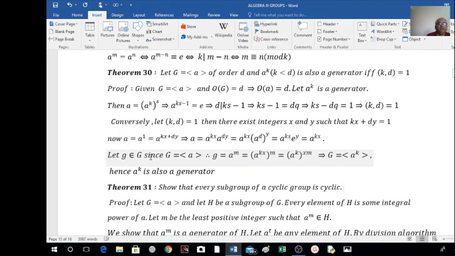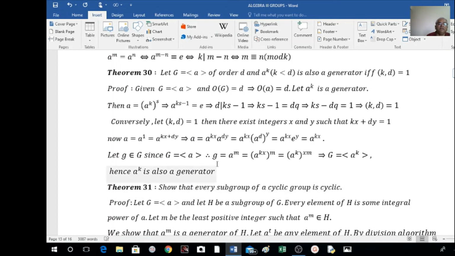Now, since G is a group generated by a, g can be written as an integral power of a, given that G equals the group generated by a. So g equals a^m. And we have a expressed as a^(kx), so in this place I will write a^(kx) with the power m as it is. I can write this as (a^k)^(xm).